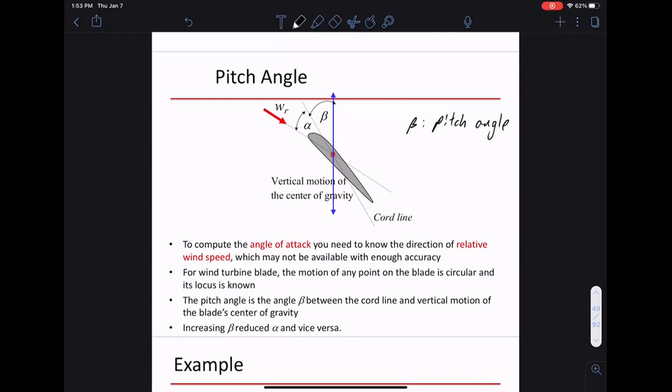If you look at the blade, you basically create this vertical line, and the sum of the angle between your vertical line and the relative wind is alpha plus beta. We're going to take beta to be the complement of alpha in this case. It turns out to be much easier to measure beta than alpha.